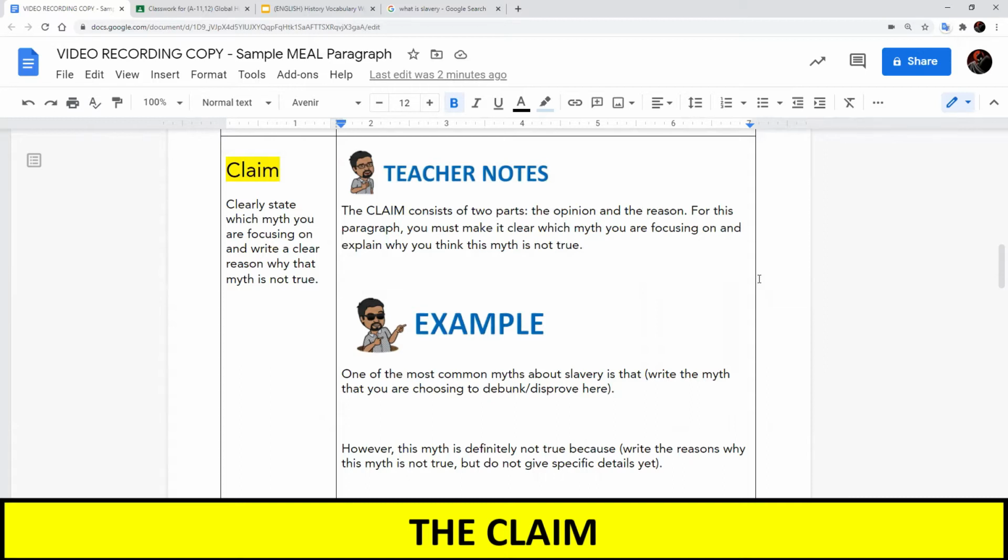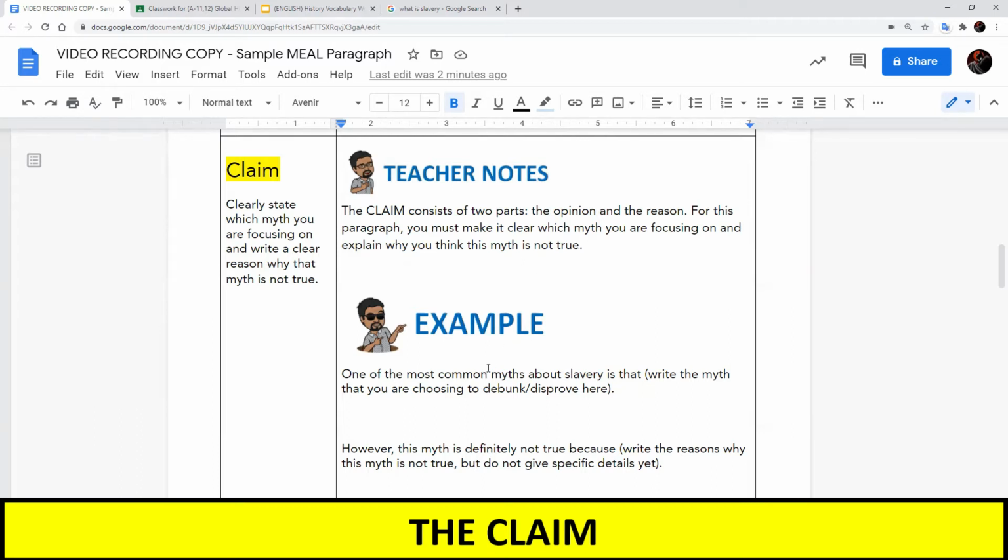It also clearly states what the paragraph is about, what you're focusing on. You can always read the notes right here; that's essentially what I've just said. And let's work on this example.